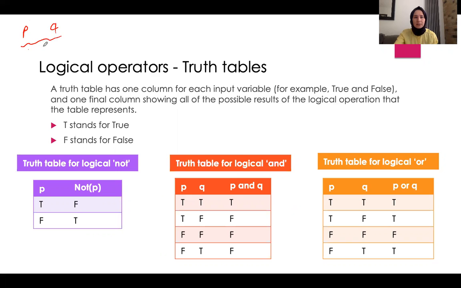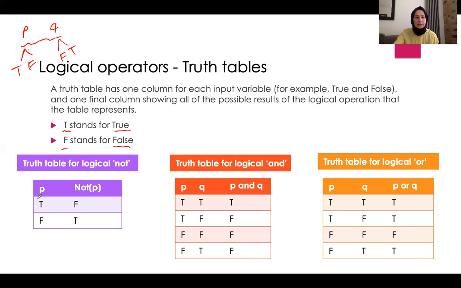Those are some assumptions or statements, and they can be either true or false. There are two possibilities. The truth tables are created based on them. And T stands for true, and F stands for false in the truth tables.